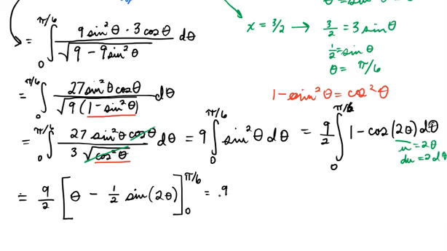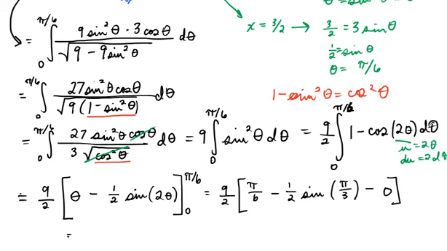Okay, so now we have 9/2 times pi over 6, plugging in the upper limit, minus 1/2 times sine of 2 times pi over 6, which would be pi over 3, minus, when I plug in my lower limit 0, I'm going to get 0 minus sine of 0 is 0, so that entire term is just 0. We're almost there.